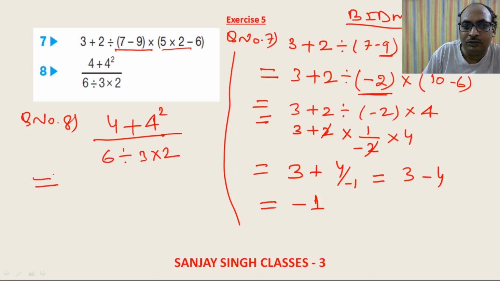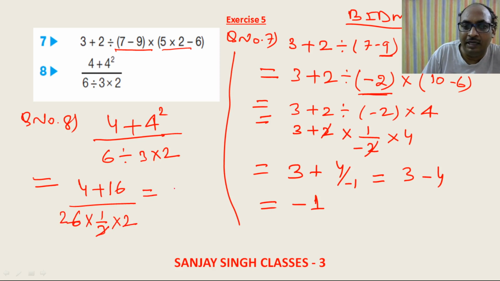So right. First we will go for the numerator part. So in the numerator part we do have 4 plus indices, we need to solve it. So 4 square will become 16. And in the denominator we do have division first. So we will make it as 6 into 1 by 3 into 2. So this 3 and 6 we can cancel.